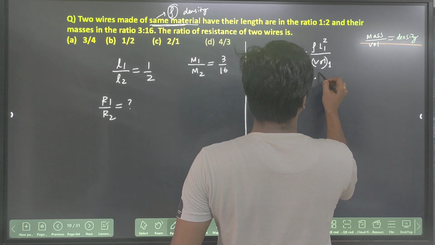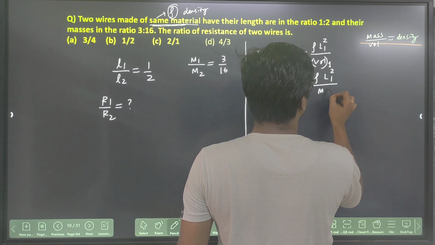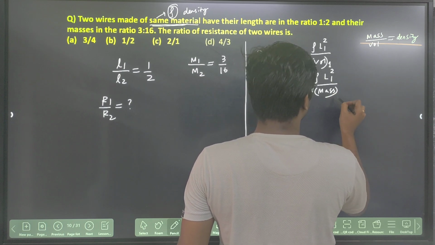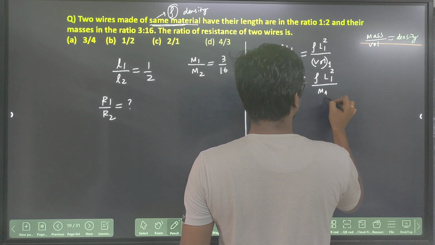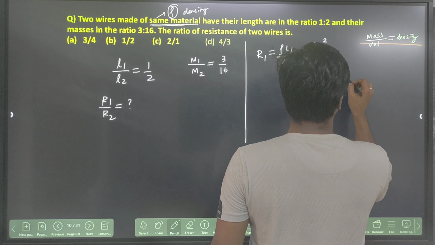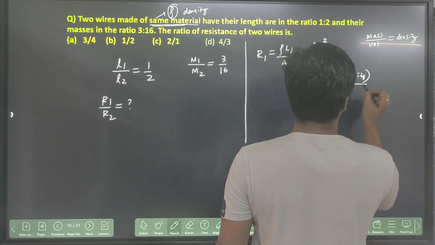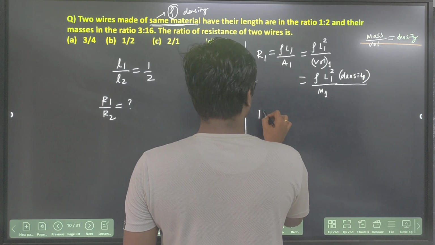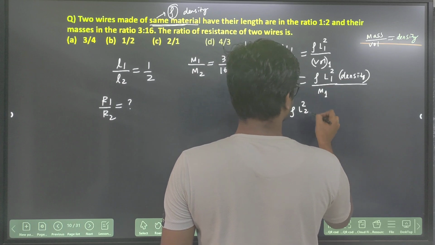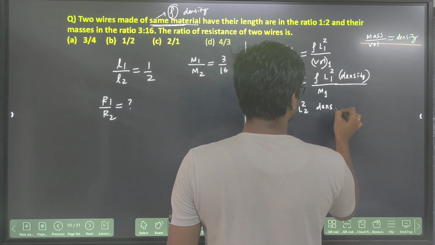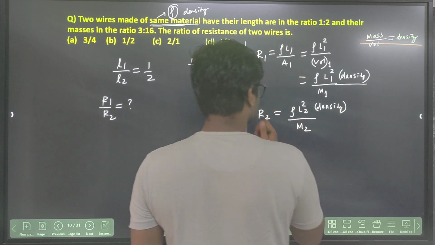So I can write rho L1 square, and in place of volume I can write mass M1 divided by density. Similarly for R2 I can write rho L2 square divided by M2 over density, because density is the same for both.